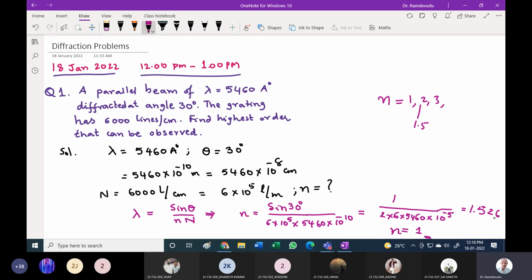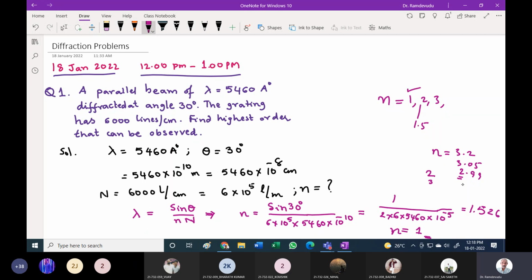So always when you are getting an n value as something like 3.2 or 3.05 or 2.99, write only the previous value, that is the integer value only, 3 or 1. You cannot see 1.5 order, which means you cannot see the second order either. That means you can see only the first order.